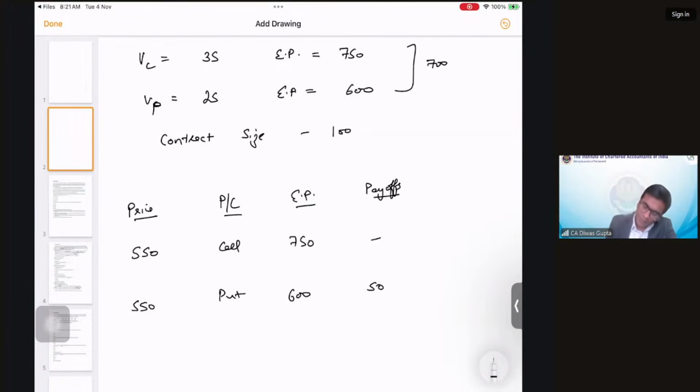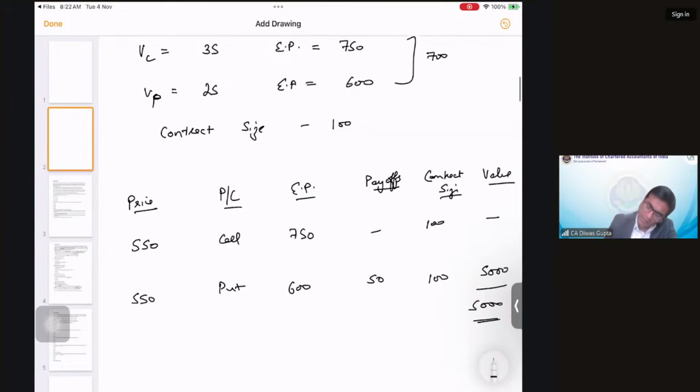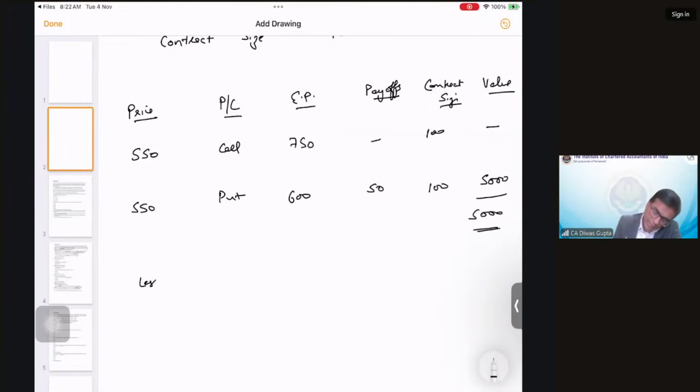So contract size is 100, value will become nil here, and here it will become 5000. So in totality we have received 5000 less premium.